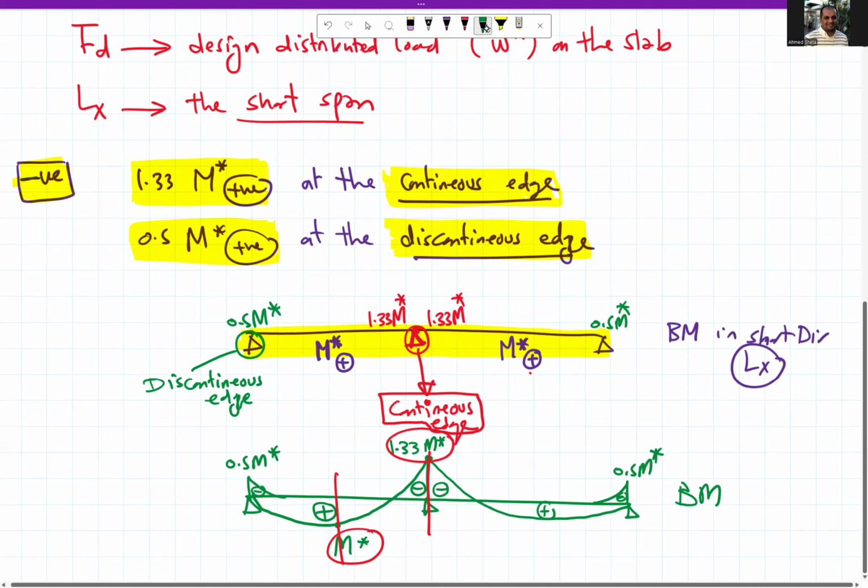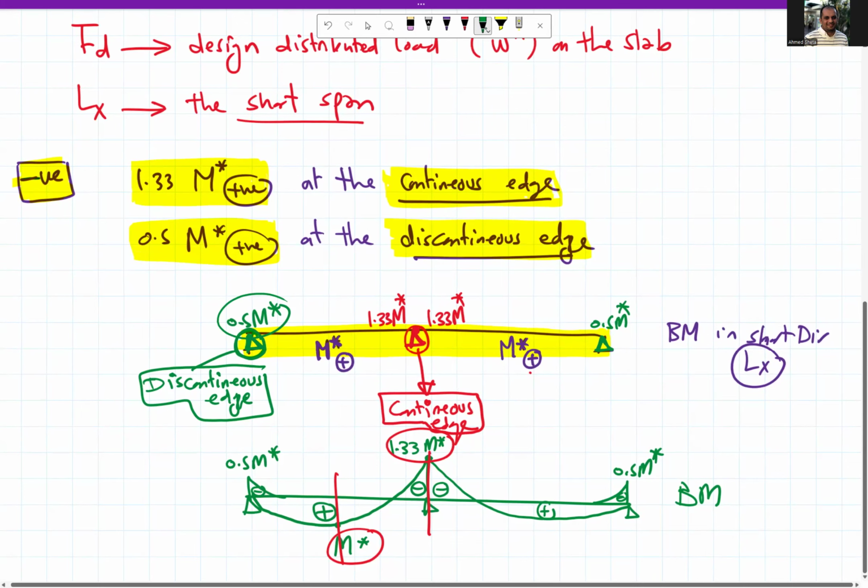The edge end here is named the discontinuous edge, and the moment at this discontinuous edge is 0.5 M*.